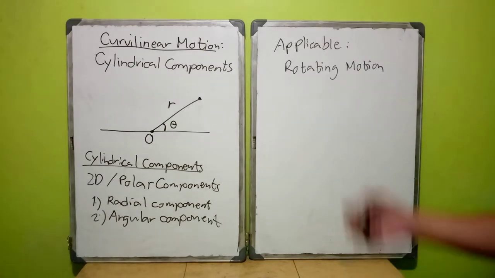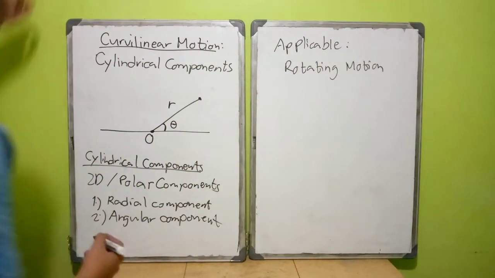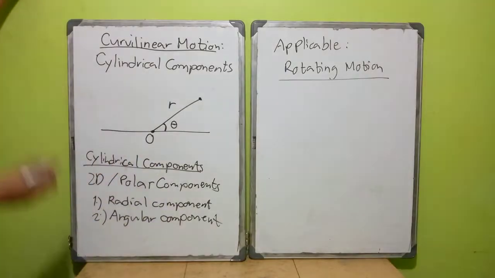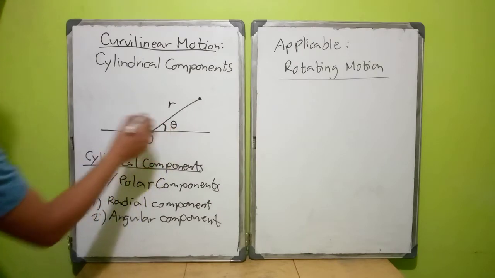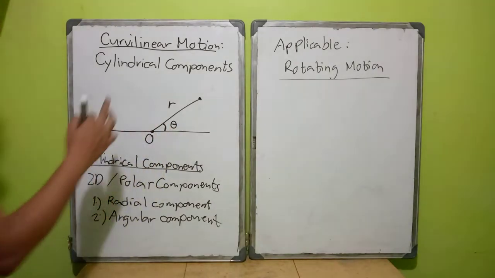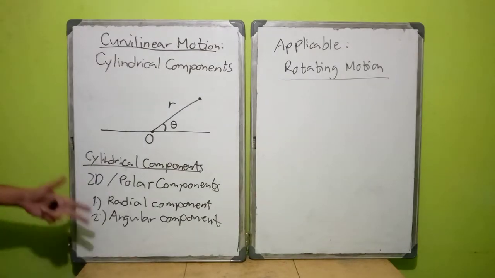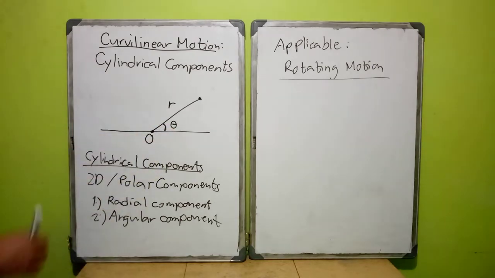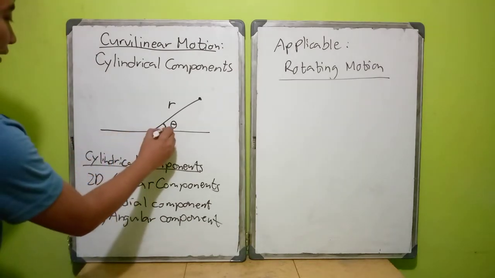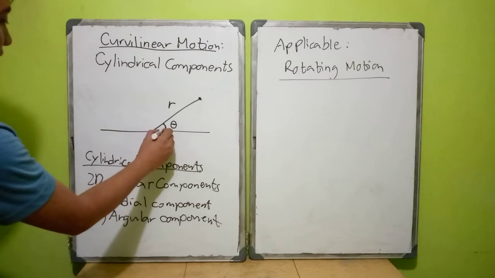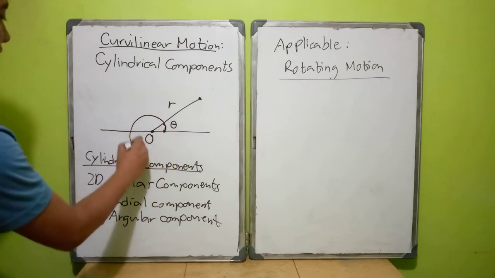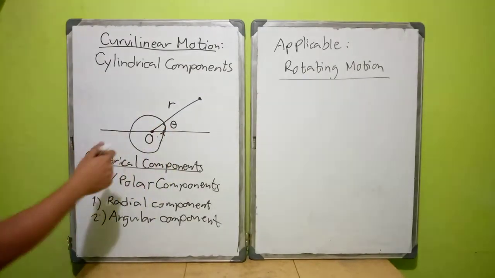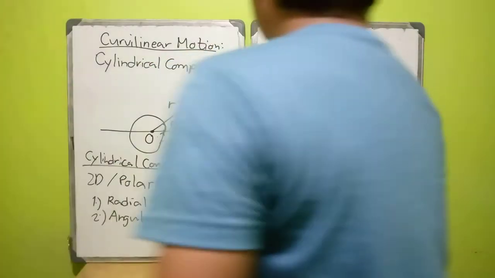We need to consider that there are two components that are changing, including the angle. In a polar component, it is moving this way, so your theta, or your angle, is changing.